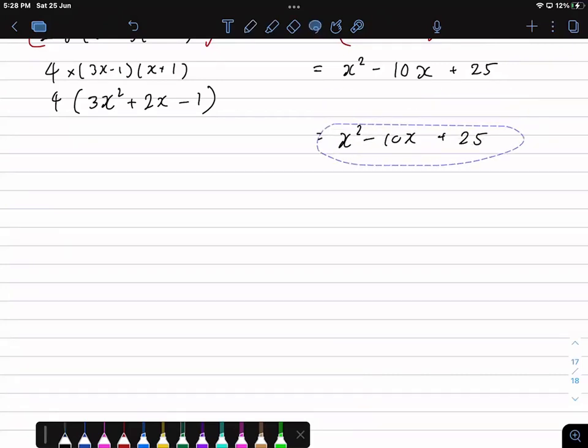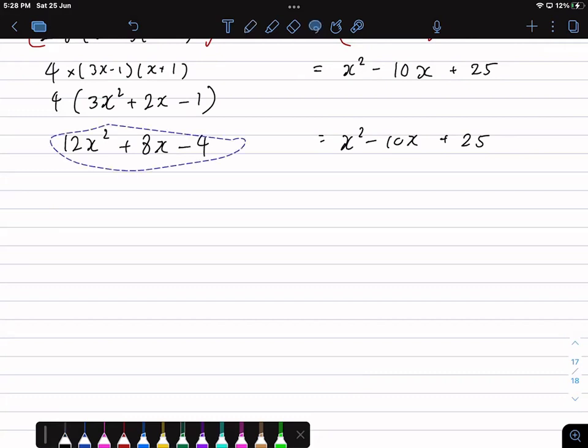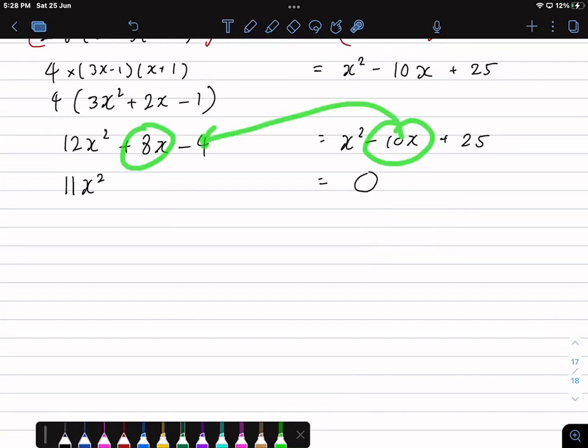Maybe if we are a bit faster, we can also times the 4 inside. 4 times 3, 12x squared. 4 times 2, 8x. 4 times negative 1, minus 4. Are we done? No, still need to bring everything over. Equals to 0 on the right side. So what is it? 12 minus 1? 11x squared. Next one, 8 minus 10, bring over plus 10.